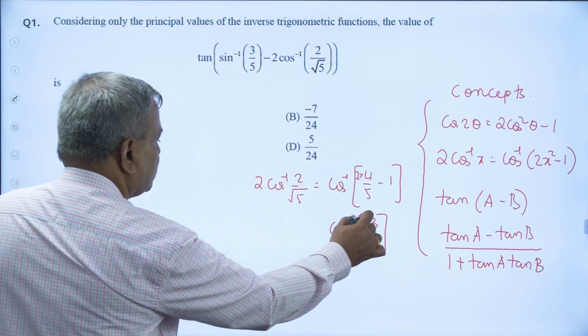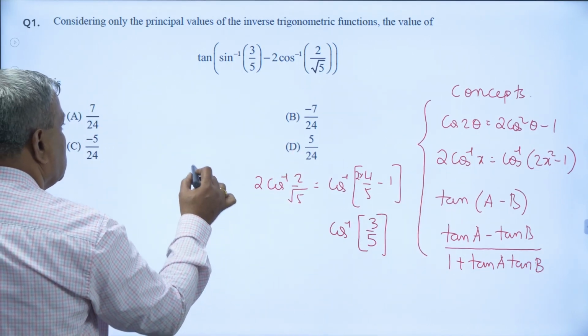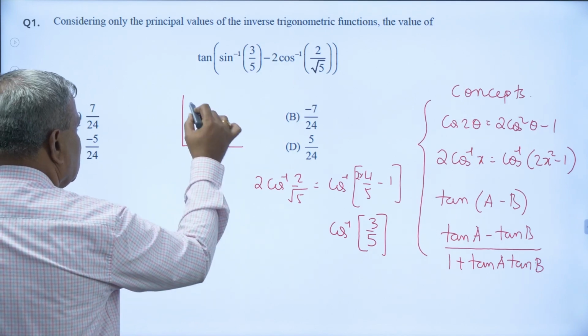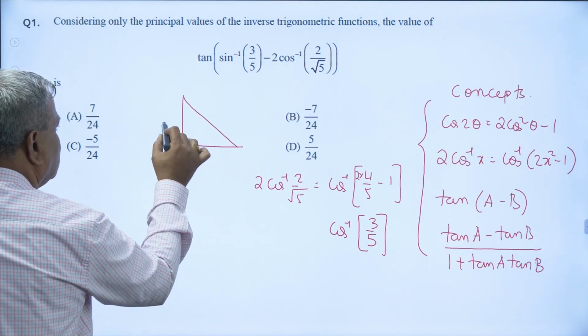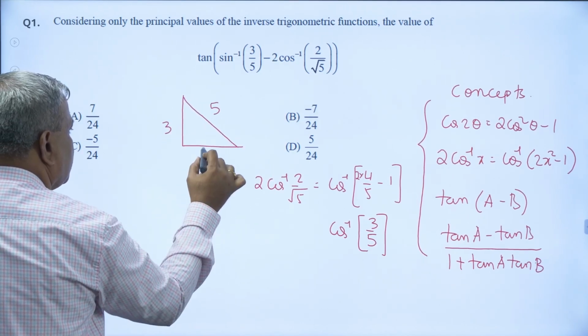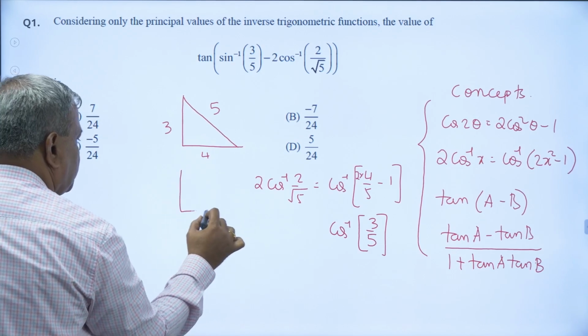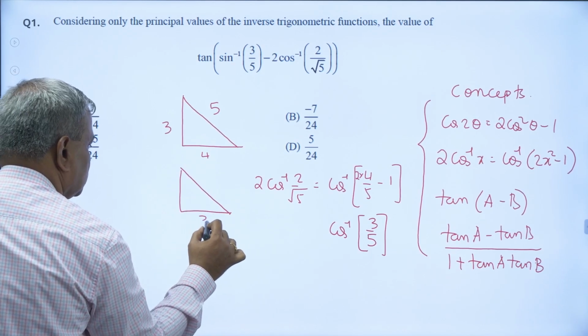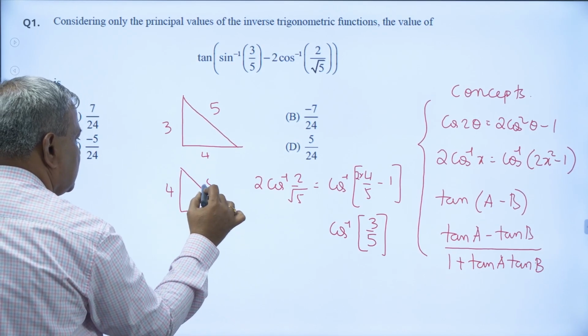Now, this we got as cos inverse 3 by 5. So take a triangle; this is the easiest method. For the cos, they have given 3 by 5, so this is 3, this is 4, and this is 5.